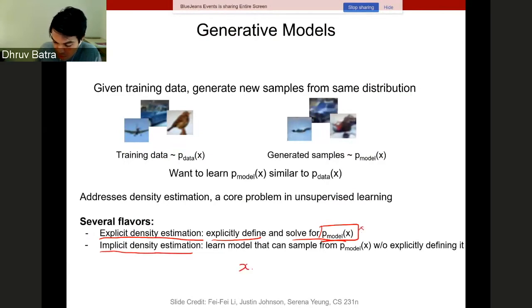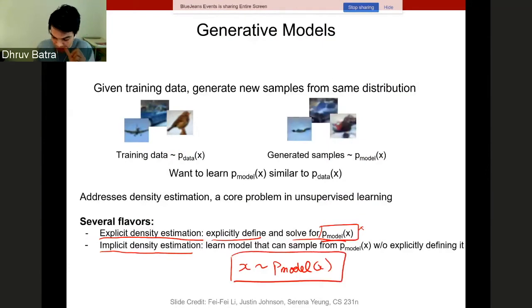You just have a mechanism. So X is generated from P model, and I can treat this as a black box. I have a process that creates this sample X without you, or anyone, or even my model having access to an explicit P model. That would be an implicit density estimate.